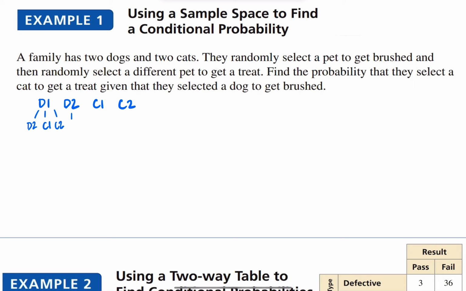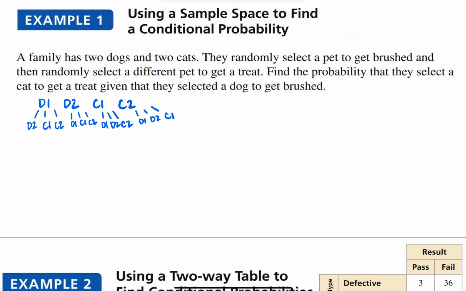After dog 2, we could have dog 1, cat 1, or cat 2. After cat 1, we could have dog 1, dog 2, or cat 2. And then after cat 2, we could have dog 1, dog 2, or cat 1. So that is my sample space.